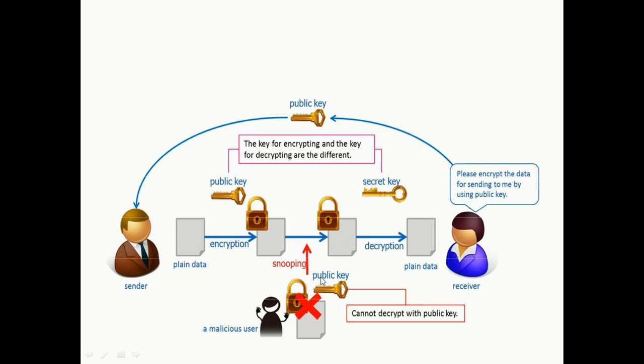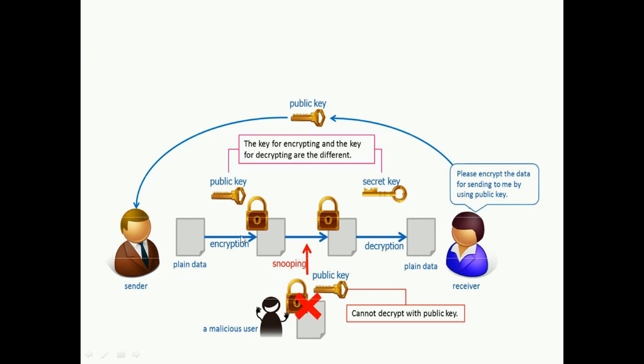Now in between, what happens if some malicious user, that is a hacker, wants to hack, because this public key is available? Just understand, the public key is available here, but with the public key no lock can be unlocked. Likewise, the message also cannot be converted into the original one.